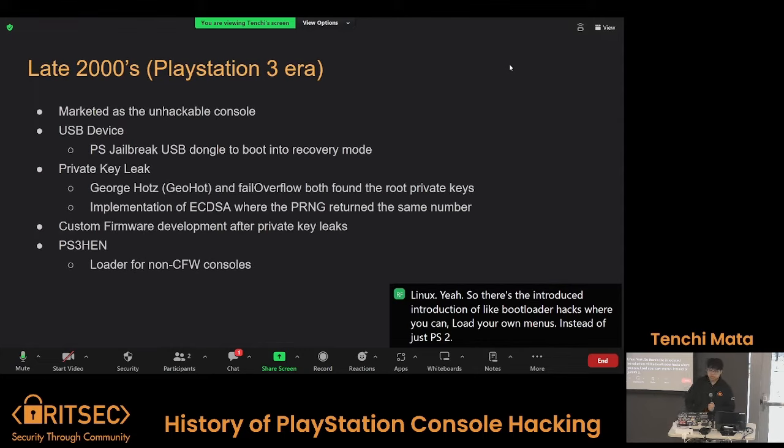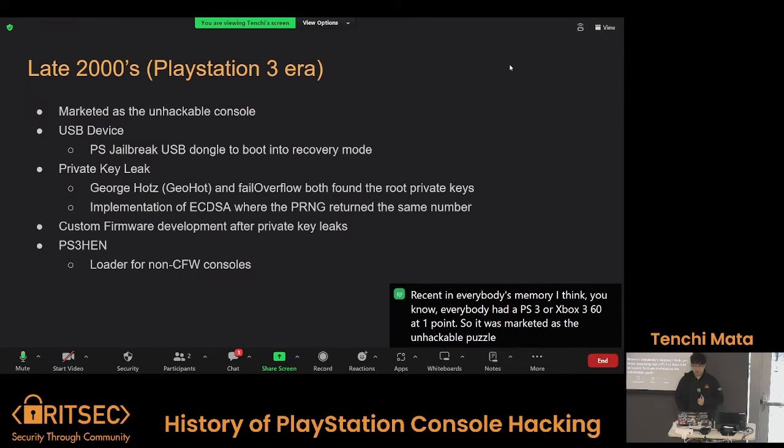And then going into the PS3, I guess this is more recent in everybody's memory. I think everybody had a PS3 or Xbox 360 at one point. It was marketed as the unhackable console.